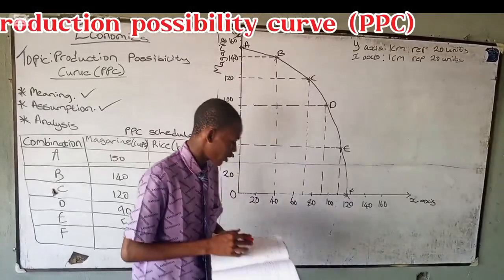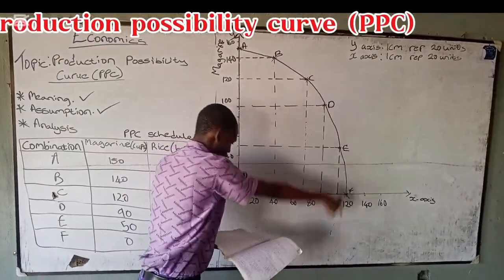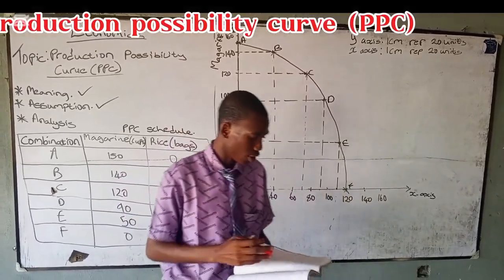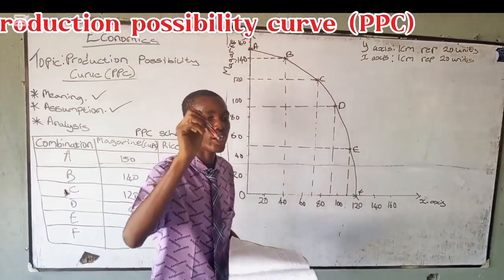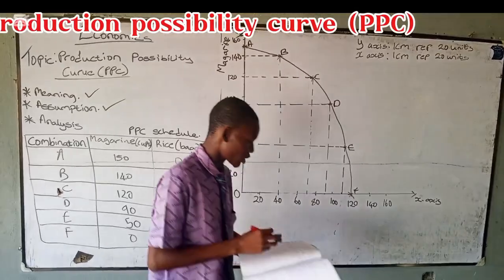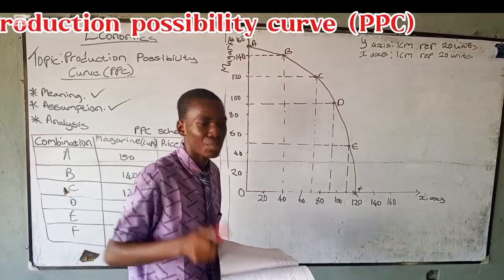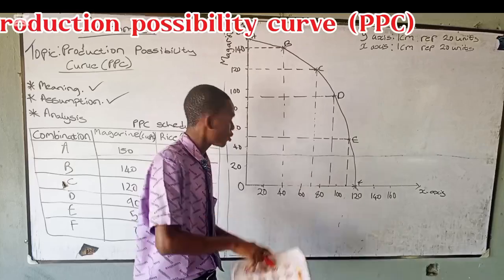You can also see something like: what does the downward slope of the PPC indicate? And remember I said indicate points P and Q which production is not feasible, you can also be asked why production is not possible at points P and Q. So let's answer these questions.